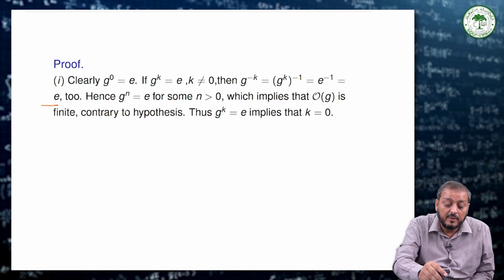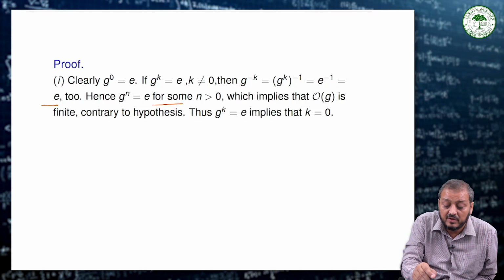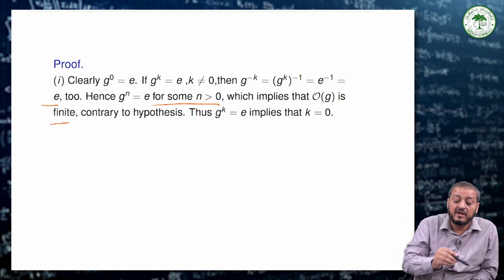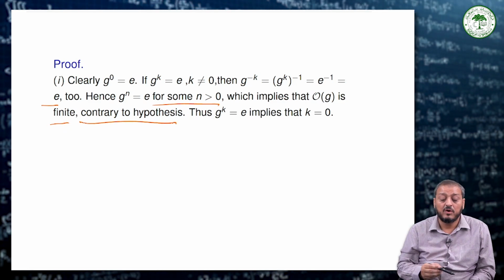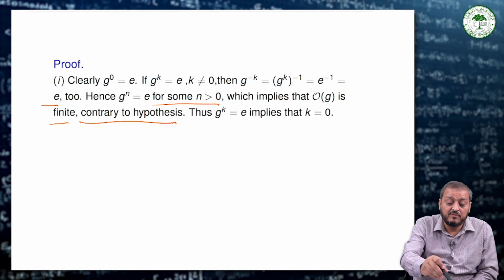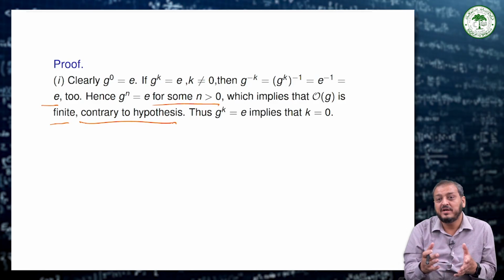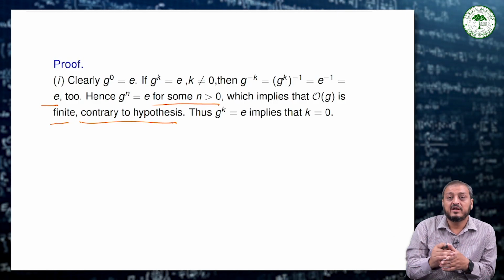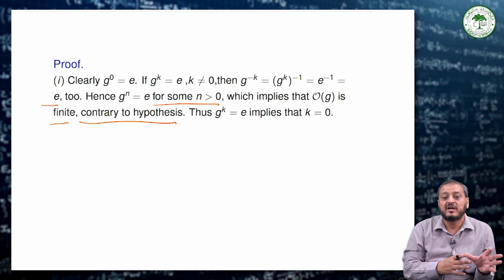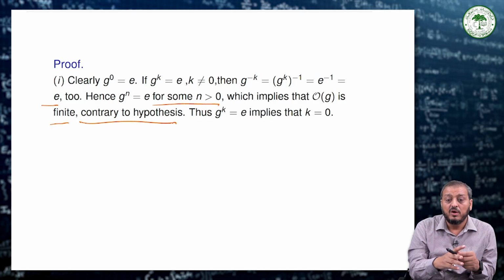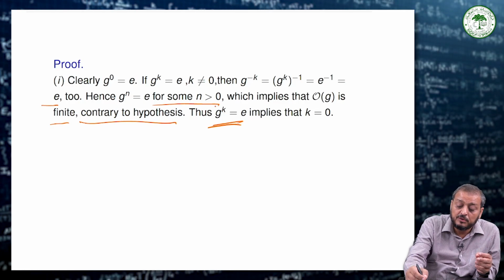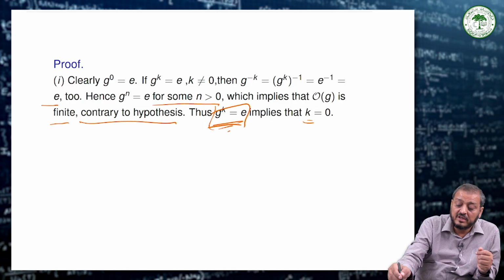So hence g to the power n is equal to identity for some n strictly greater than 0, which implies that the order of g is finite, and that contradicts the hypothesis, because our hypothesis is that the order of g is infinite. So the only possibility is that g to the power k is equal to identity only when k is equal to 0.